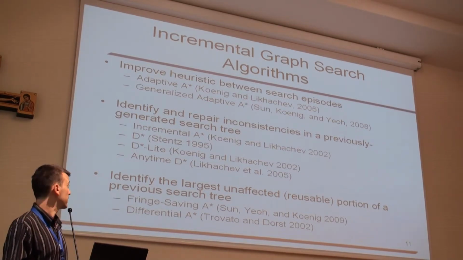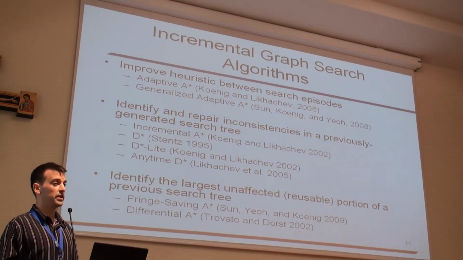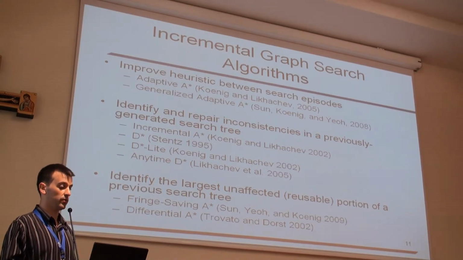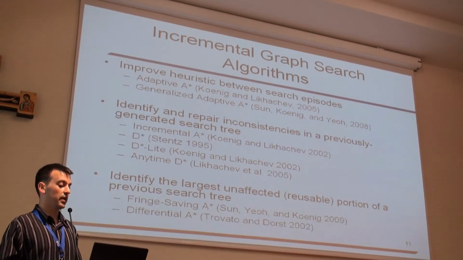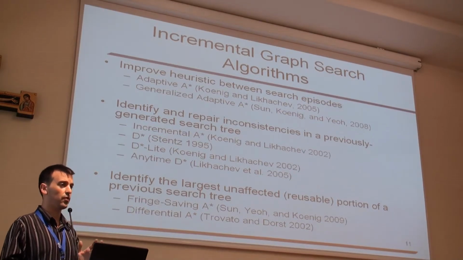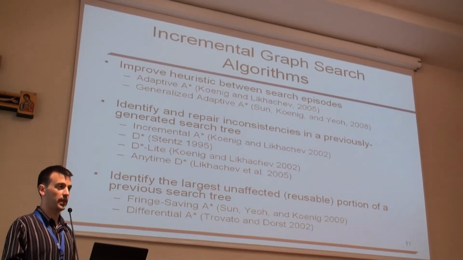Its idea is very similar to Differential A-star, but Differential A-star only works on 2D grids with unit edge costs, which is a very limited assumption. Our algorithm is very simple to implement, much less complicated than Differential A-star, and it also allows for weighted search, so we can trade off solution quality for faster planning time.